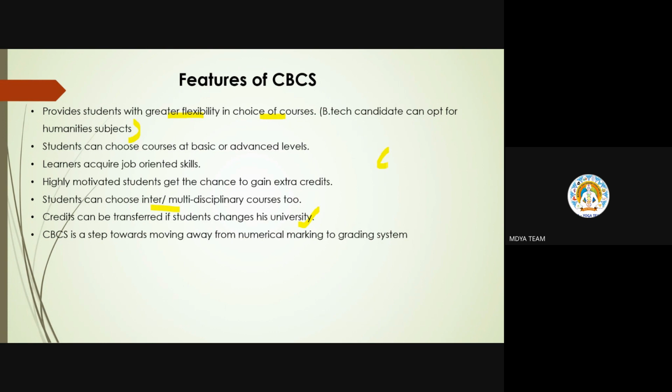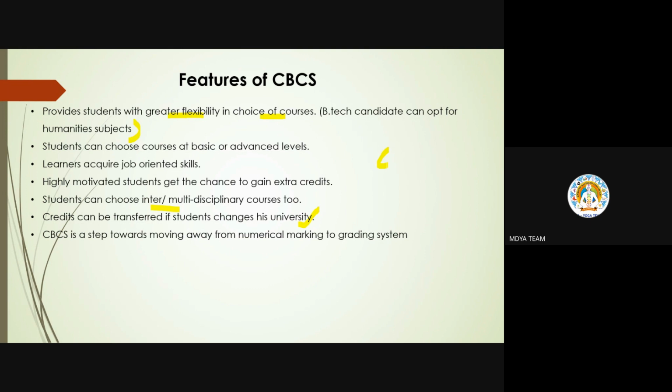Later on, if you want to complete your degree, you will go to the same university or a different university, but you have to check whether they are accepting CBCS or not. If they are accepting the choice based credit system, then in that university you will need to study only the 2 semesters that you did not study in the previous university.